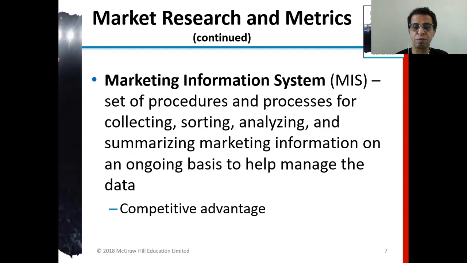It's a set of procedures and processes for collecting, sorting, analyzing, and summarizing marketing information on an ongoing basis to help the manager manage the data, in a word, competitive advantage. You keep checking whether you're losing or gaining market share. You want to see what will happen if you increase the price, and what happens if you reduce the price. These are always data that you want to know.